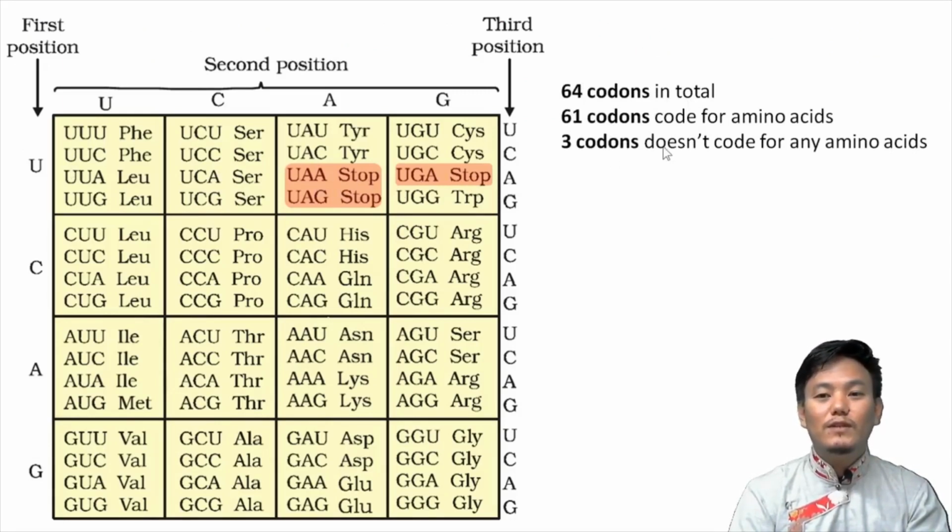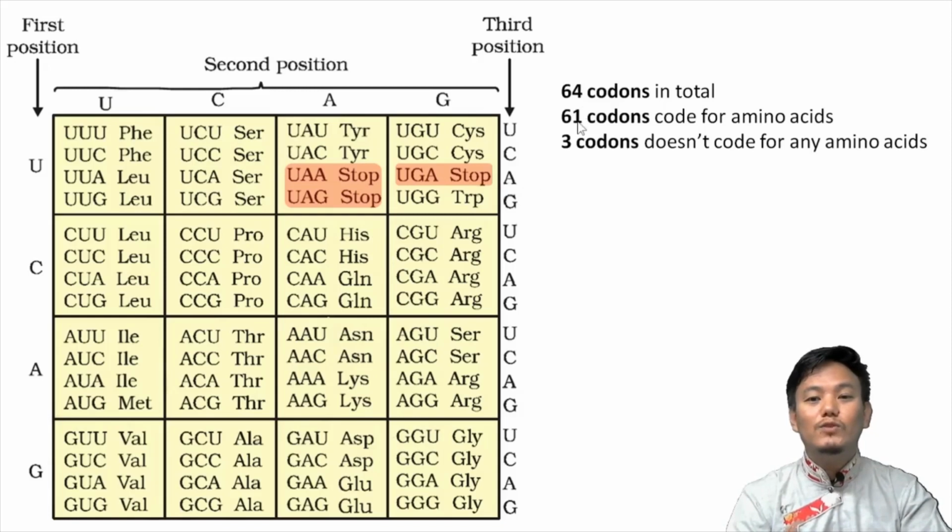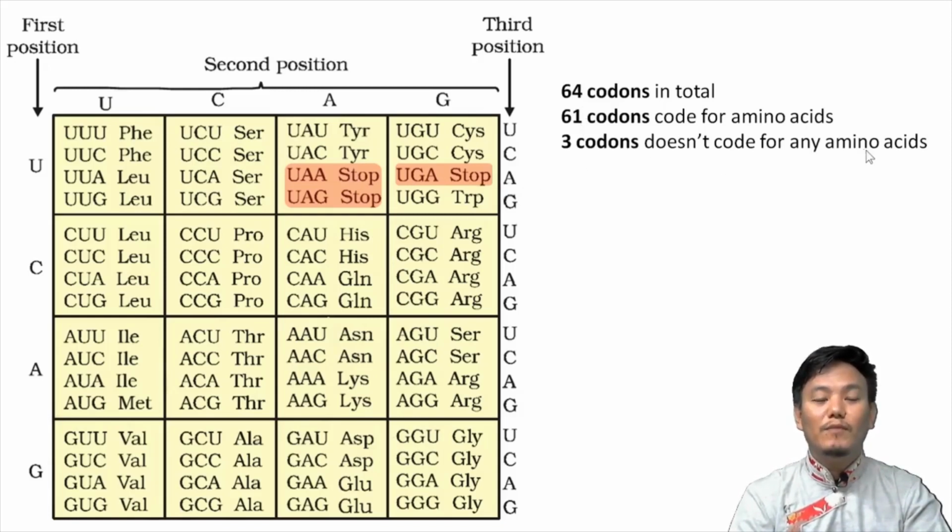These 3 codons do not code for any amino acids, and therefore they are called stop codons. So this chart shows all the codons that are possible with the 4 nitrogenous bases present within RNA, and out of these 64 codons, 61 code for amino acids and 3 don't code for any amino acid, therefore they are called stop codons.